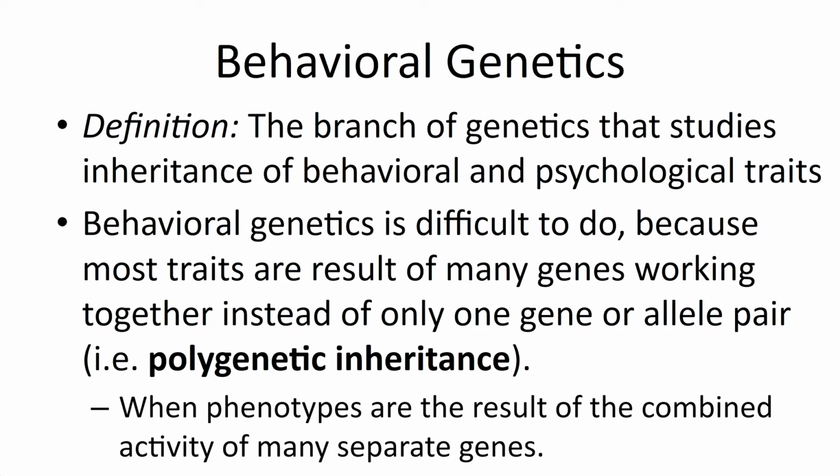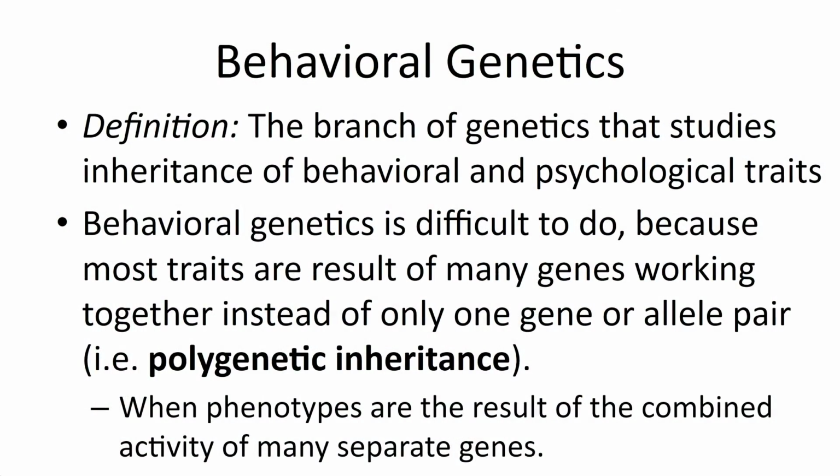Now, behavioral genetics, just in general, is very difficult to do because most of the traits we're interested in are the result of many genes working together. So, we have this whole idea in our head that we can look at your genetic code and find that little portion of it that tells us your eye color or your aggressiveness or whatever.